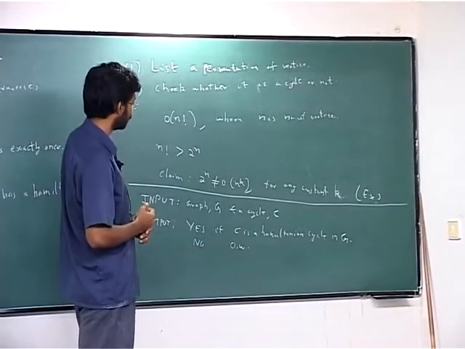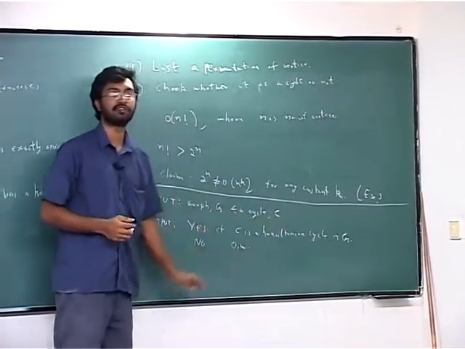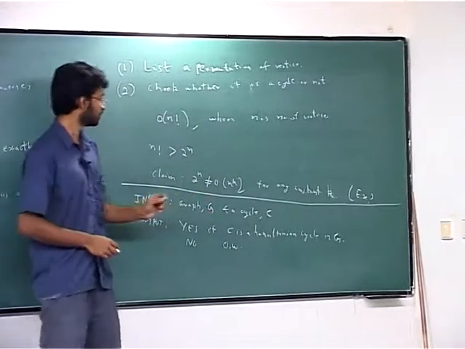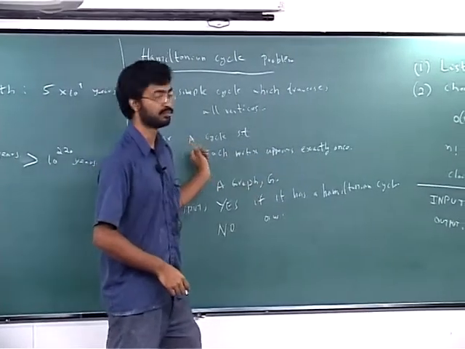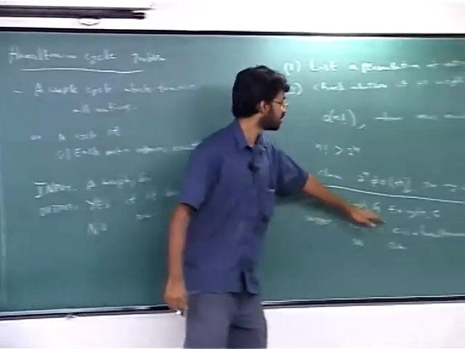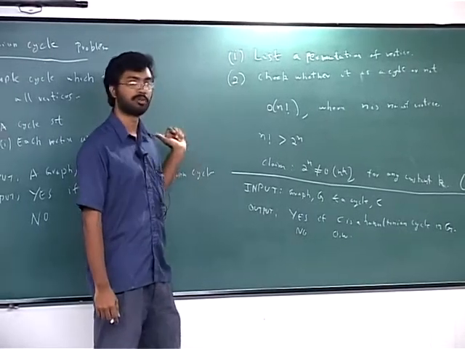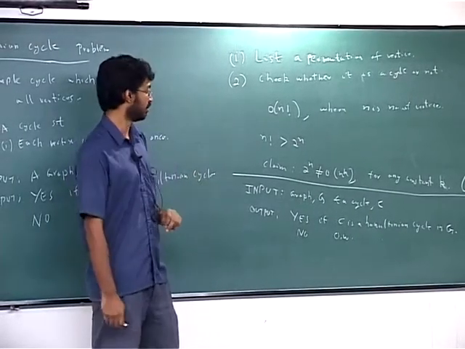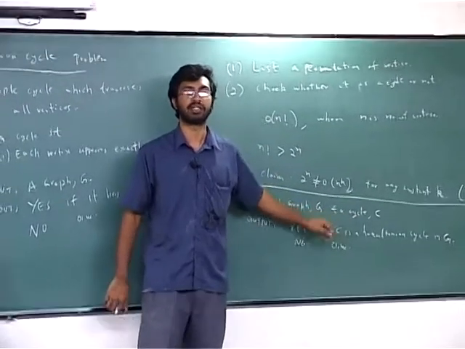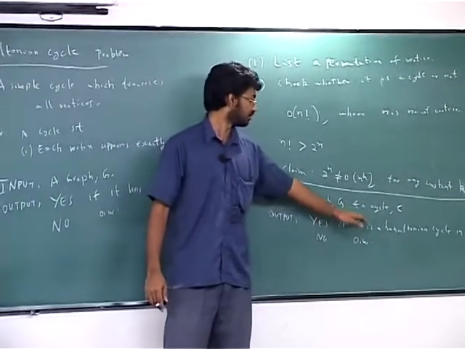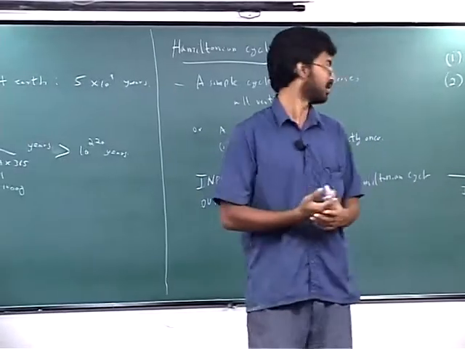Okay. So we call this C a certificate for this problem. This cycle is a certificate for this graph G for the problem Hamiltonian cycle. If someone gives me the cycle, then I can tell whether it is a Hamiltonian cycle or not very easily, in polynomial time.